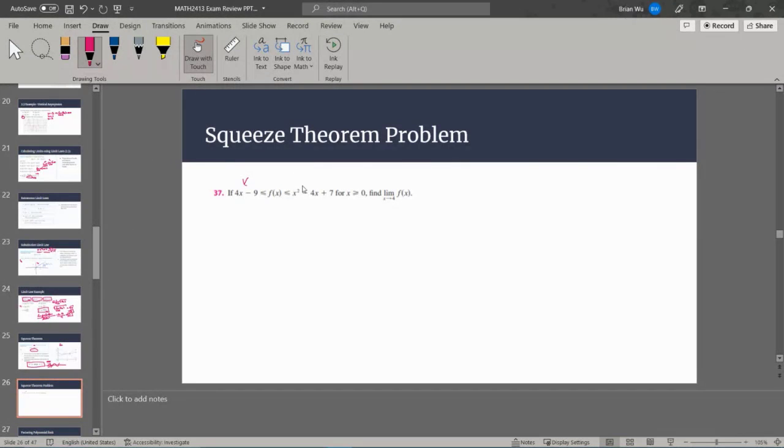So we have a function, another function, and a third function, and we want to find this limit. The process is that we take our existing inequality and apply the limit to all three sides.